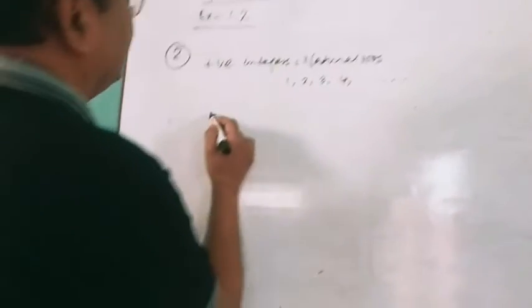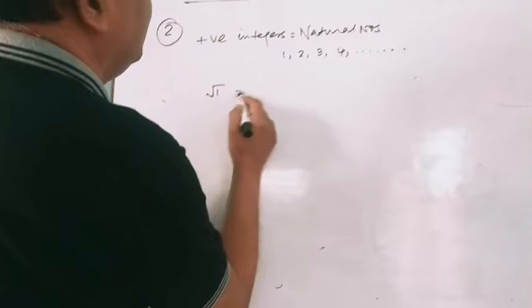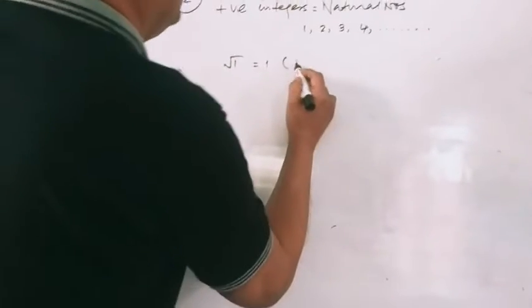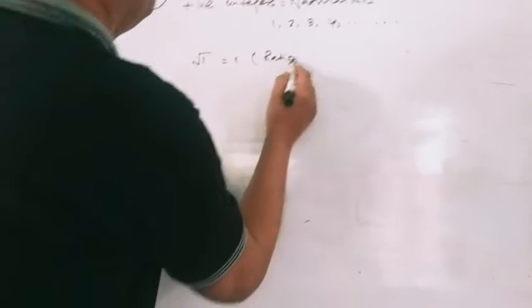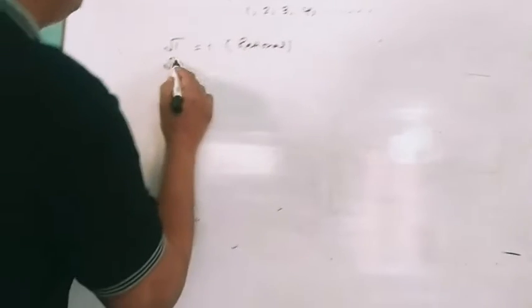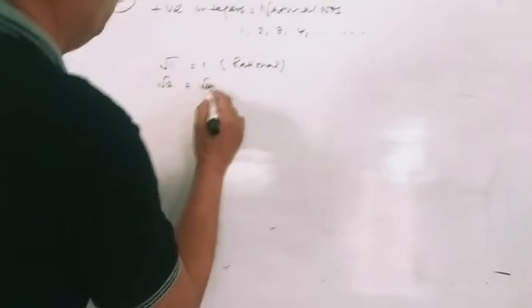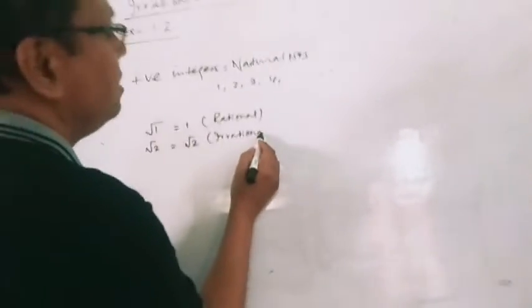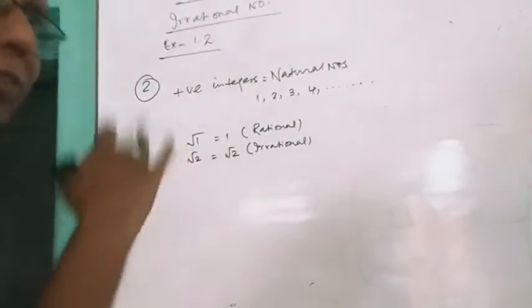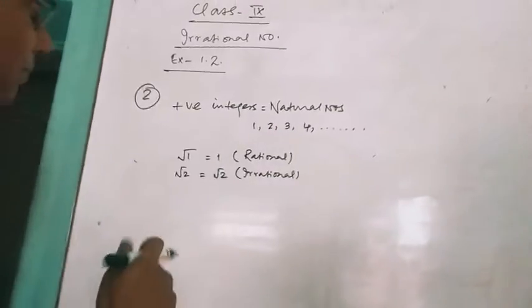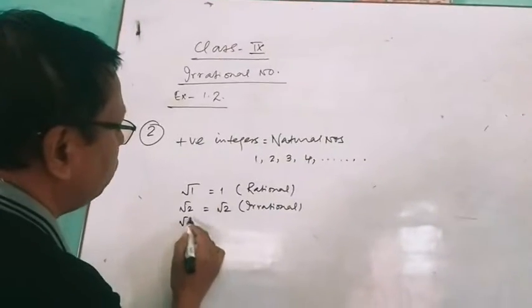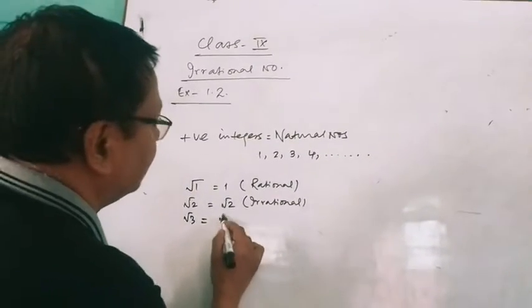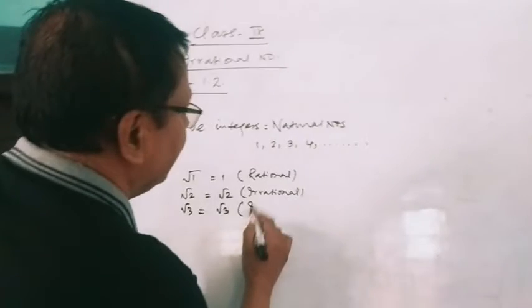Take an example. Square root of 1, rational. Square root of 2, root 2, irrational. Why irrational? Because 2 cannot be taken out of the radical sign completely. Square root of 3, that is root 3, again irrational.